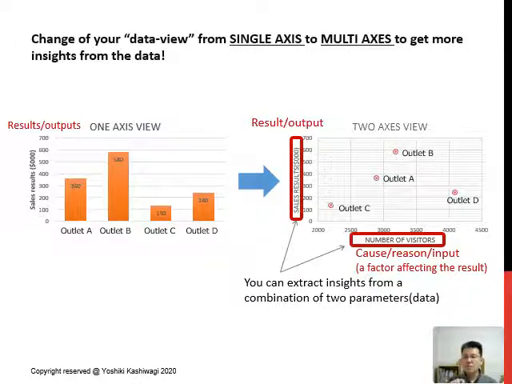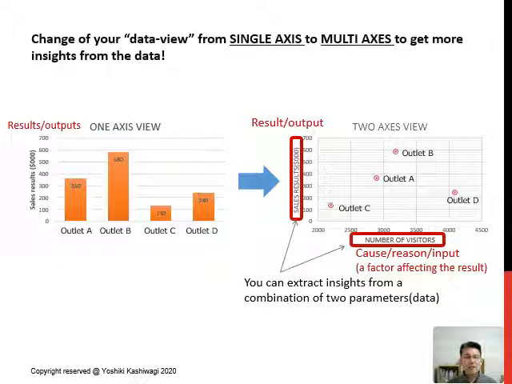But if you look at this graph, you will notice outlet D is far from this line. If you assume these four outlets have the same brand and the same product line, what is the issue in these four outlets?